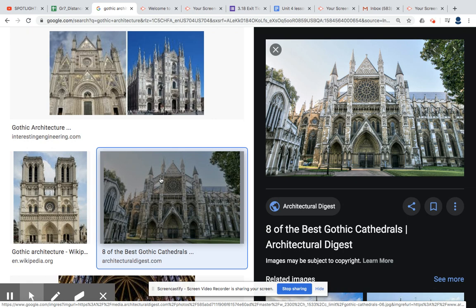It developed in France in the 1000s to 1100s, and it became the major style during this time. This type of architecture is replaced by Renaissance architecture, and that's the main focus today.